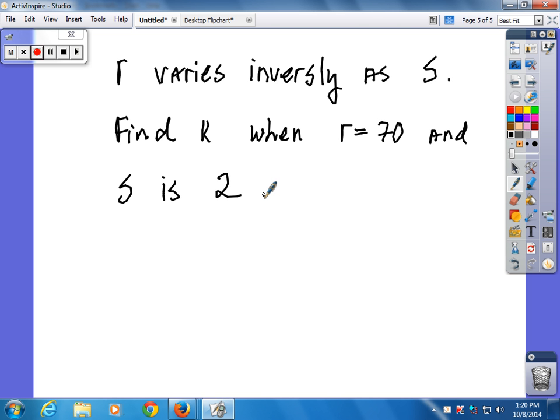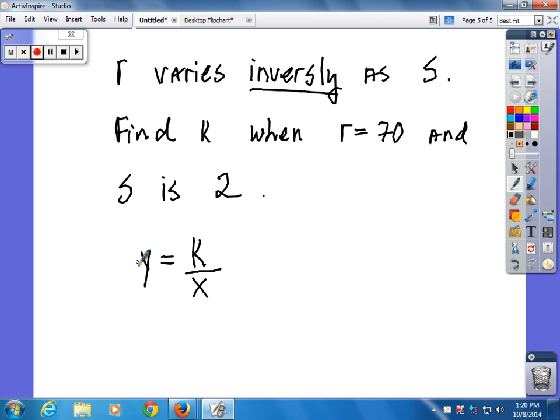Well, Hubert, we don't have a formula with R and S in it. No, but you have a formula with what? Y is equal to what? K over X. Y is equal to K over X. Well, I don't have Y and X. So, which way do we read? Left to right, right? So what comes first, Y or X? So Y is going to change to what?